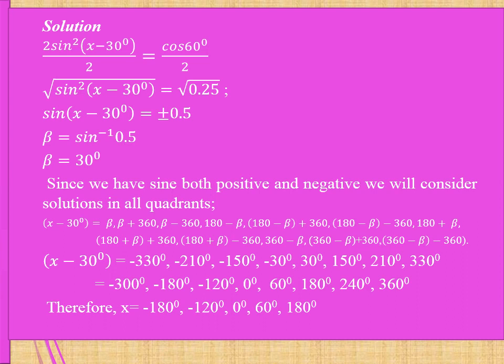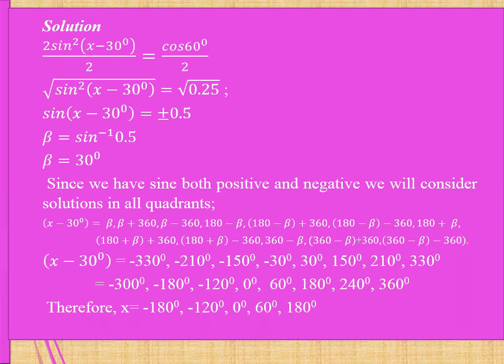Solution: we are going to divide both sides by 2 to get 2 sine squared(x minus 30) over 2 is equivalent to cos 60 over 2, and that will give us sine squared(x minus 30) is equivalent to 0.25. That is when we divide cos 60 over 2, and then we are going to take the square root on both sides.